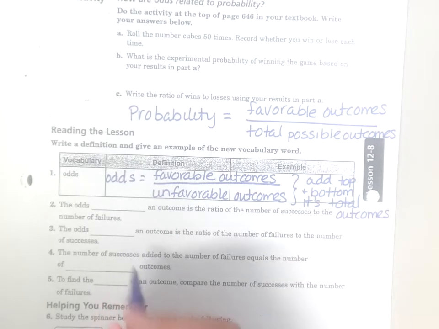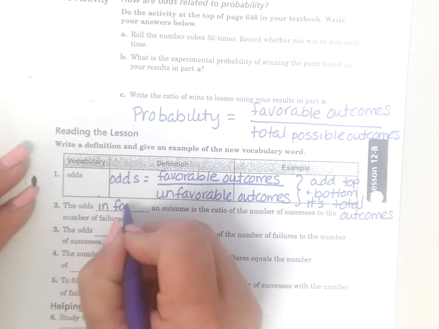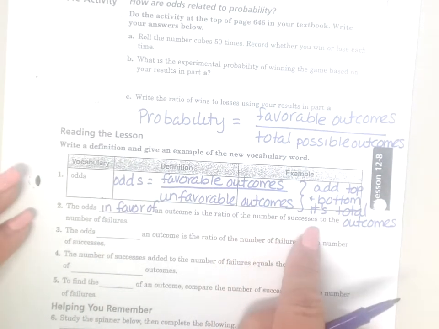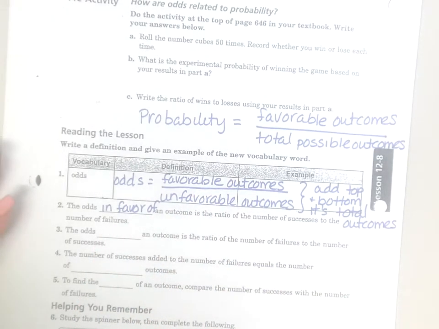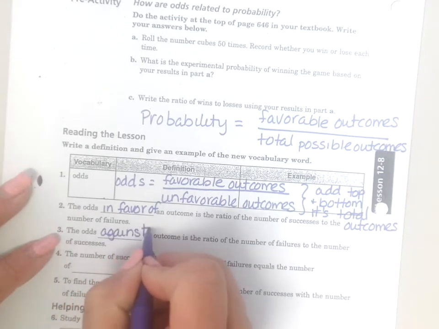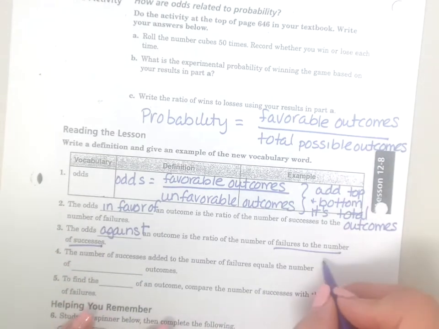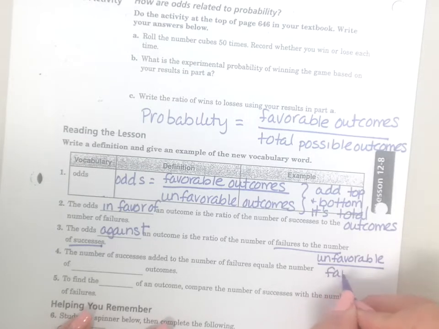So the odds, it'll say in favor of or against. In favor of an outcome is the ratio of the number of successes to the number of failures, or favorable over unfavorable. If I want odds against, it's failures to successes, so that would be unfavorable over favorable.